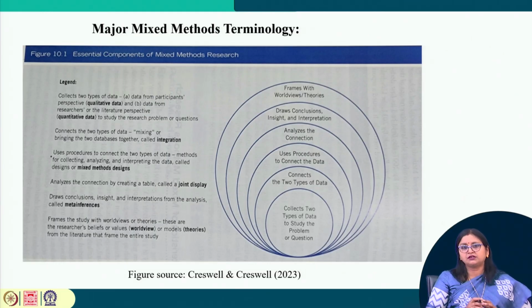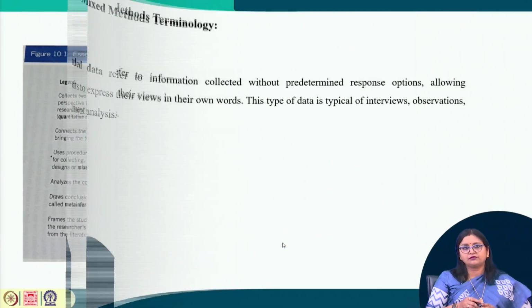It starts with collecting the two types of data to study the problem or question, then connects the two types of data, uses a procedure of connecting the data and analyzing these connections, then draws conclusions, insight and interpretation from both the data, and frames the worldview, theories or conclusion of this data. So, let us take one by one.